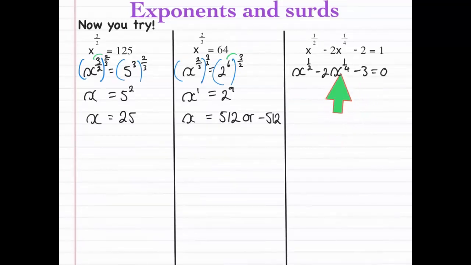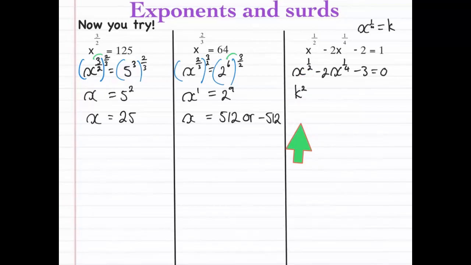Now I'm going to take the x to the power of a quarter, and I'm going to make that x to the power of a quarter equal to k. Okay, now we have x to the power of a quarter equal to k, and then x to the power of a half will then be k squared.